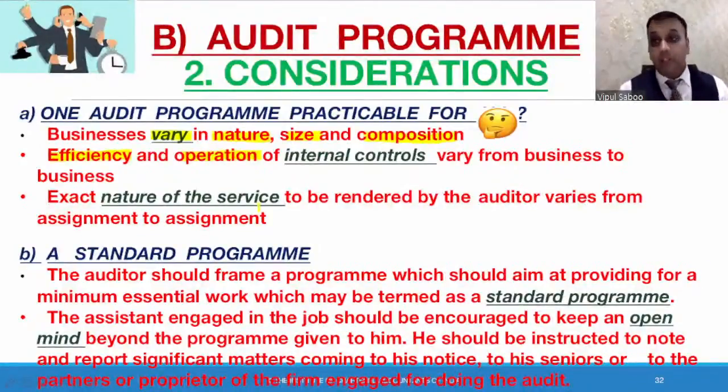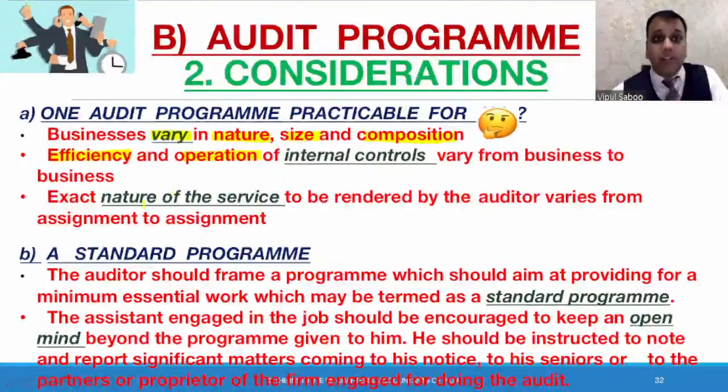Whether the rules and the policies set up to control the business are there or not, and whether they are efficient. If they are efficient, whether they are being operated properly. So efficiency and operation of internal controls vary from business to business, we all know.